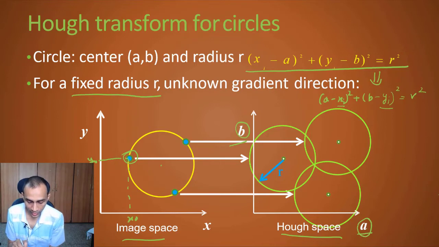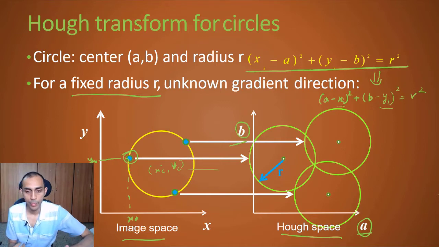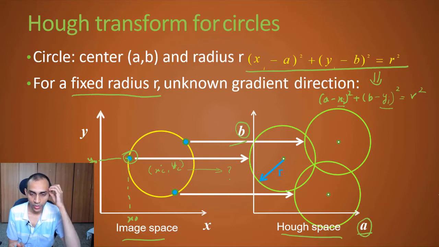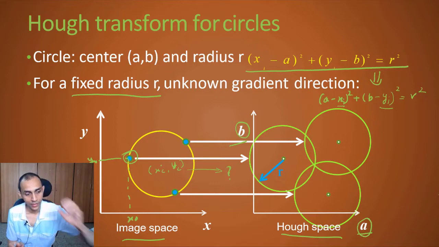What in the Hough space will correspond to this center location in the image space? The intersection point? Yes, good.